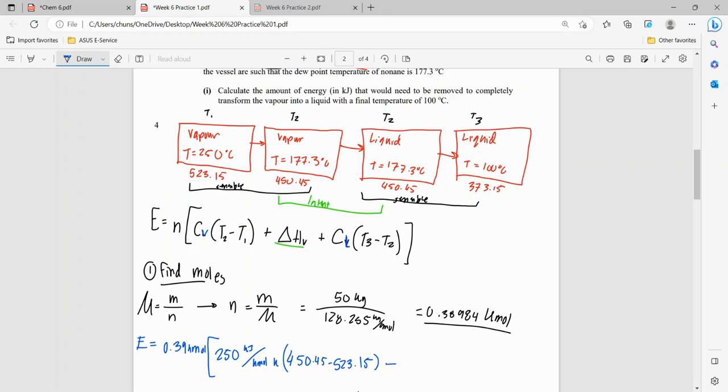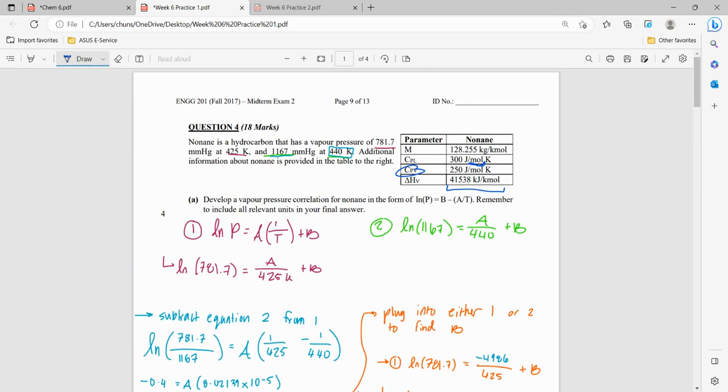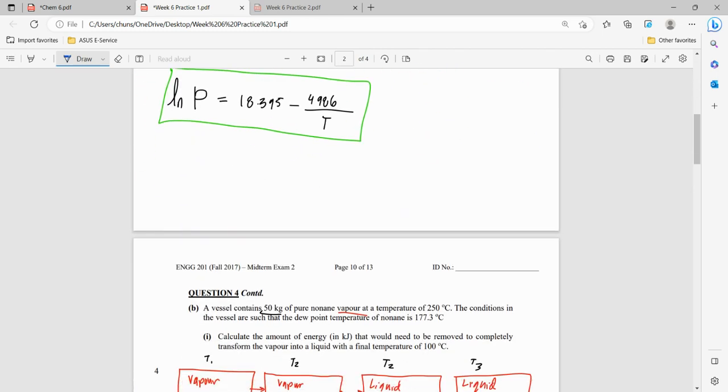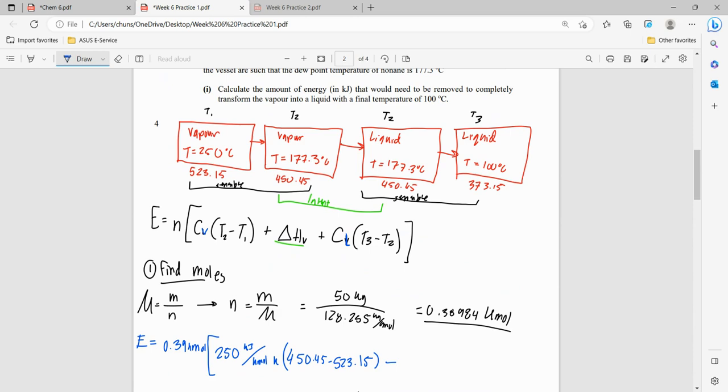And this is minus our latent heat of vaporization because we are condensing, so we're removing energy. So this is 41538 kilojoules per kilomole.